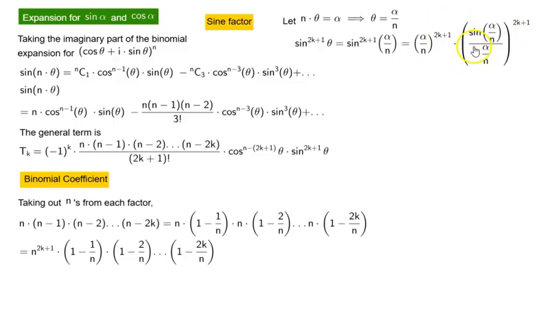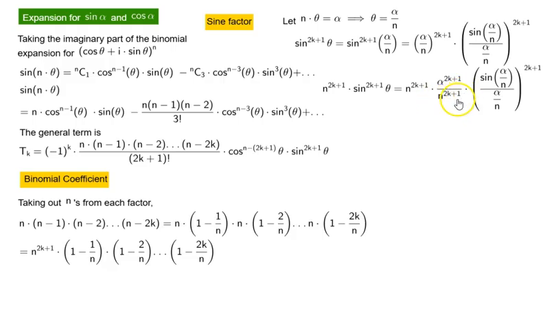Now, how did we get this? What we have done is we have multiplied and divided by (alpha by n) to the power of 2k plus 1. So we have in the numerator this and in the denominator (alpha by n) to the power of 2k plus 1. The idea is to get this sine of alpha by n divided by alpha by n.